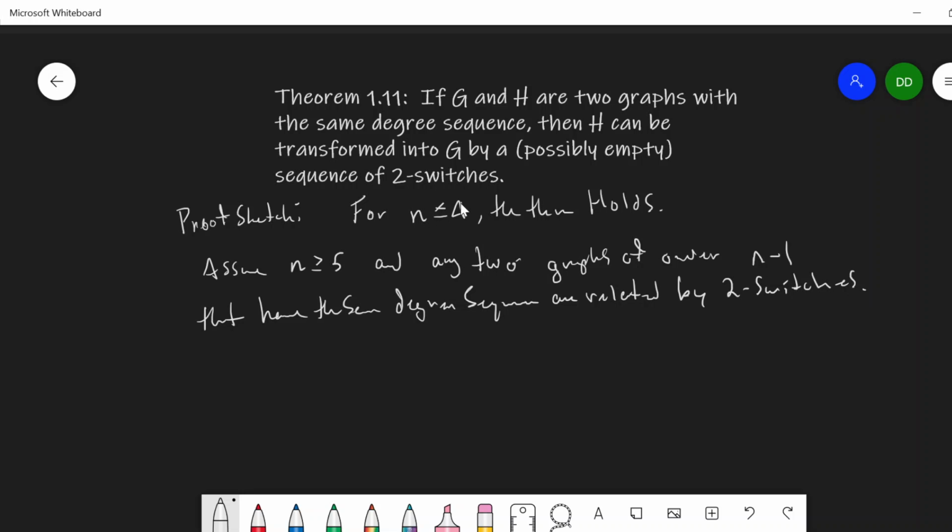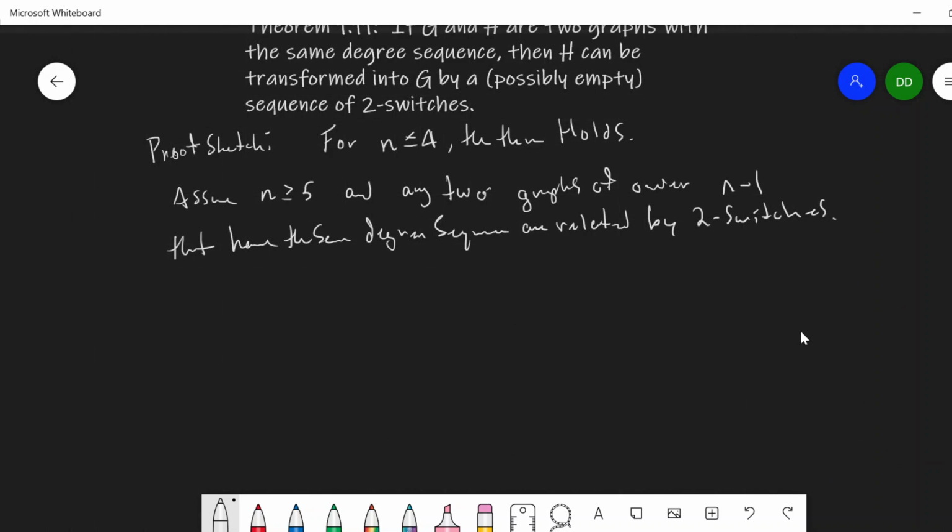Right, we have our base, n less than or equal to 4. Here's our induction hypothesis. And so we need to show now that if we have two graphs of order n, one more than our induction hypothesis, that they can be transformed into each other by a sequence of two switches.